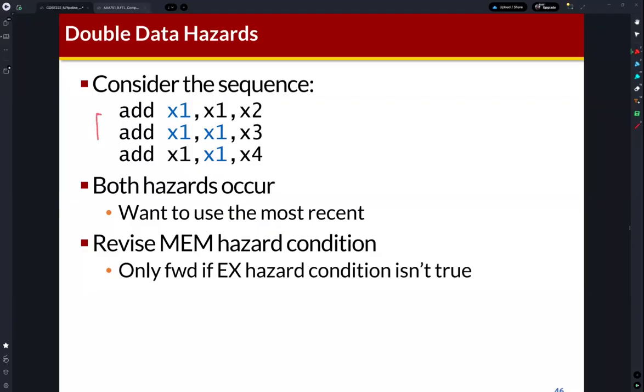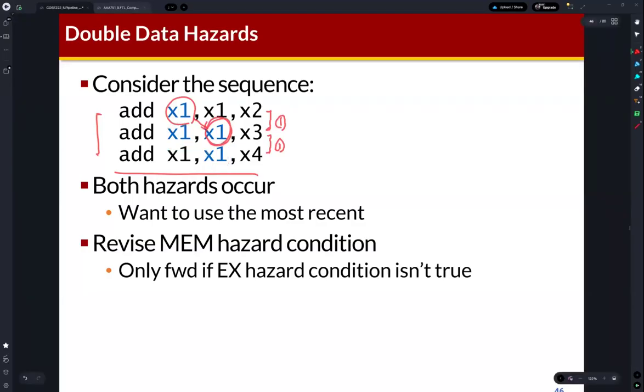So this is an example of a double data hazard. This is forwarding case 1, so x1 needs to be forwarded to this x1. And then we can also find another forwarding case 1 for this add instruction, because this x1 is to be forwarded to this x1.